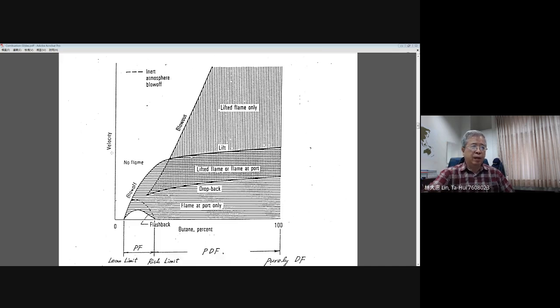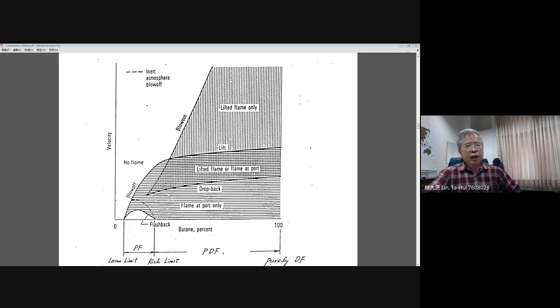Starting from the injection velocity equal to 0, you can see the velocity variation and also the variation in butane percent, and here you can see how the flame appearance is influenced by injection velocity.